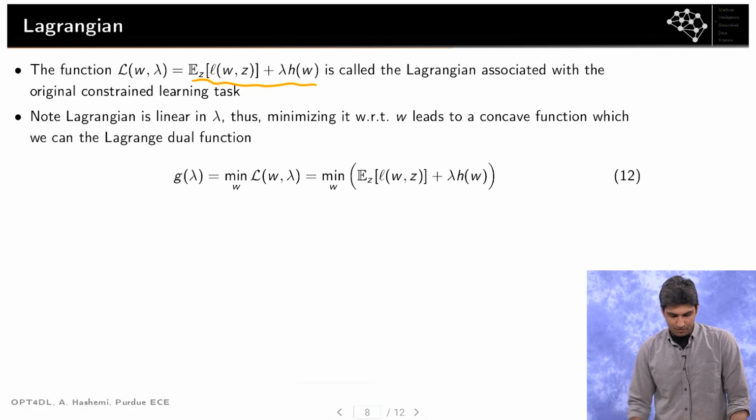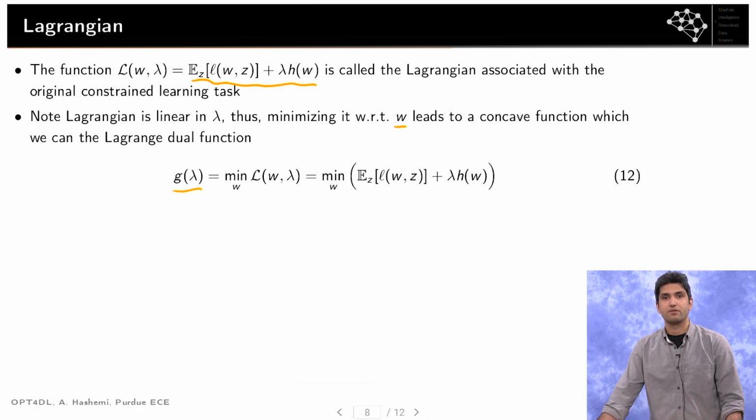Now, what happens when we minimize the function with respect to W? We're going to get a function which we call the Lagrange dual function. So we are completely removing the impact of W by minimizing over W. So the resultant function will only be a function of lambda.